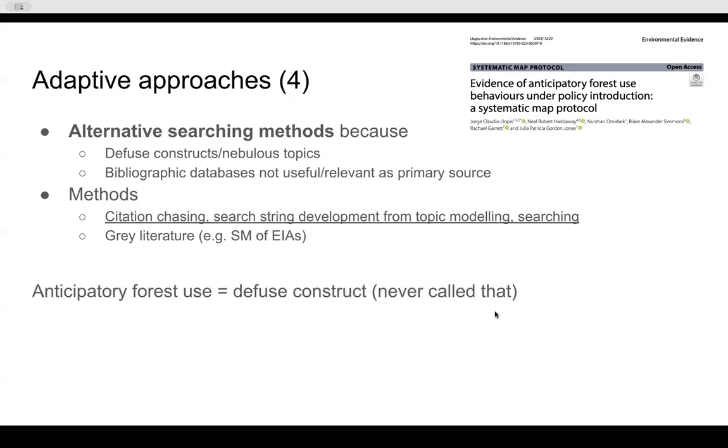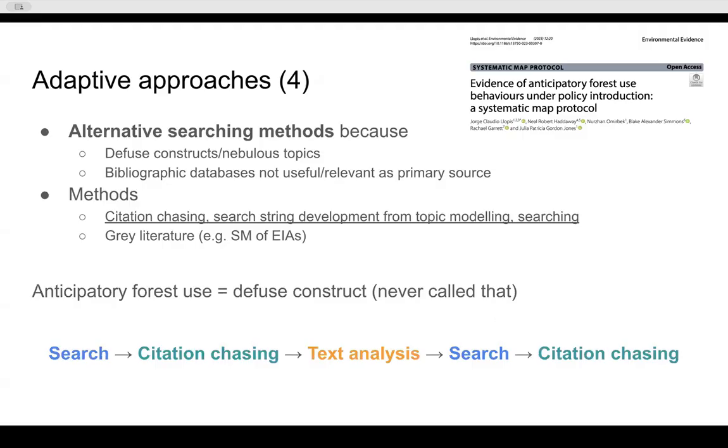And so what we did here was, I guess, something a little bit akin to a realist review, but we a priori set out to do an alternating set of searching for studies that we thought would be relevant, screening them, and then doing citation chasing on them, then analyzing the texts of the search results to look for patterns and new words that might help, or new concepts, but also reading them by hand, and then developing a novel search in addition that we would then deduplicate against our previous search and citation chasing, and then citation chasing from that.